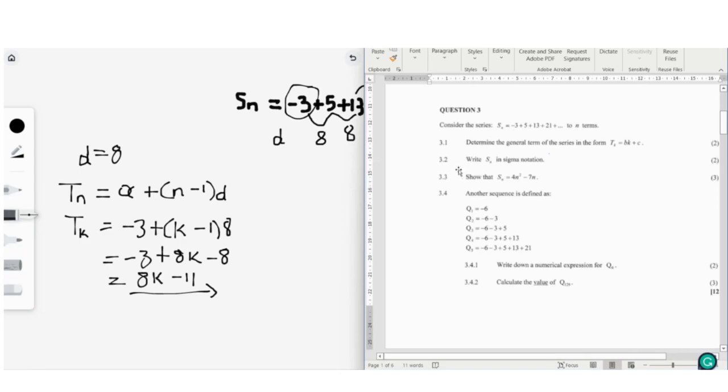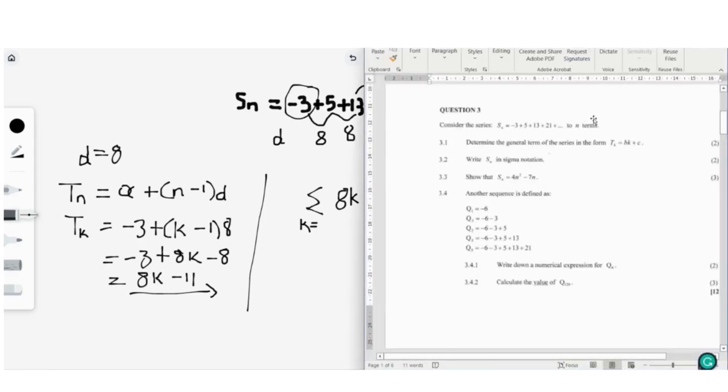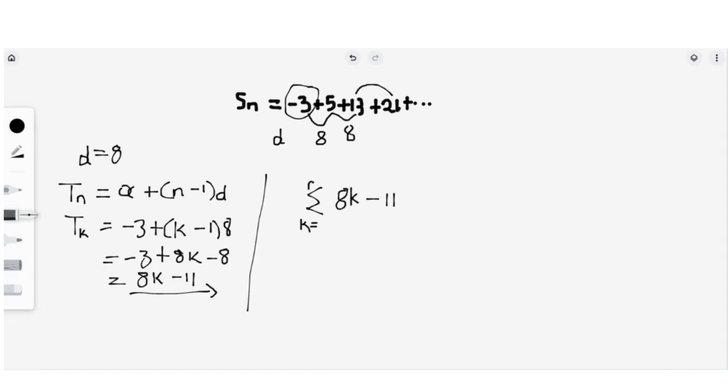And then the next question is that we should represent this in sigma notation. Remember the sigma notation, it's that sign there. We need to represent 8k minus 11 in sigma notation. Since the variable is k, our k has to start from somewhere, up to the nth term, so up to n.